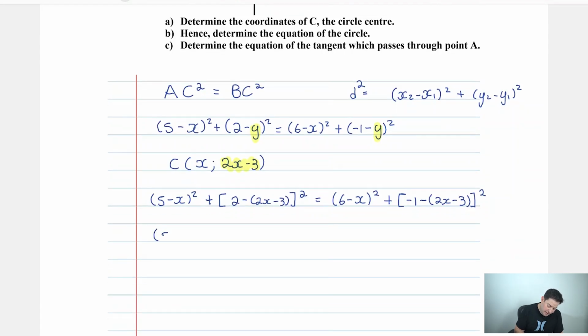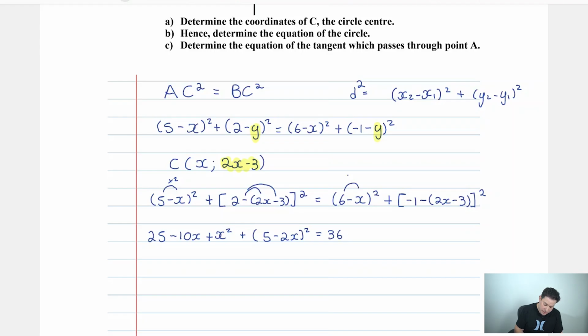So we're going to write 5 minus x all squared. That becomes 25. Don't forget your middle term. Multiply by 2, so it's minus 5x times 2 is minus 10x plus x squared plus, now before I multiply this bracket out, I want to simplify in the bracket. So it's going to become 2 minus 2x plus 3. 2 plus 3 is 5 minus 2x all squared equals 36.